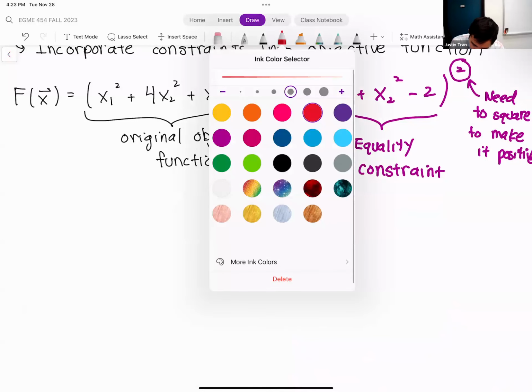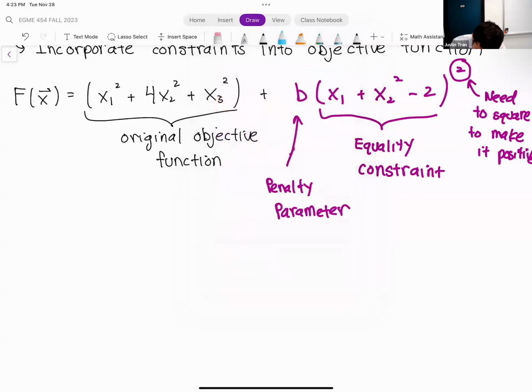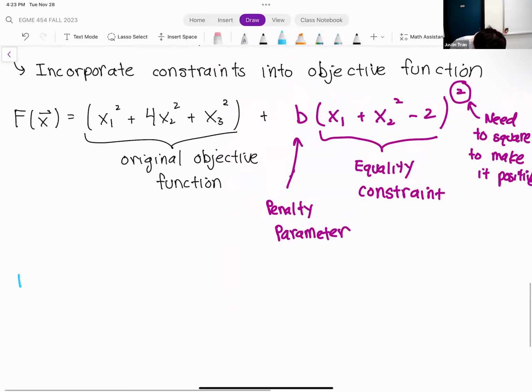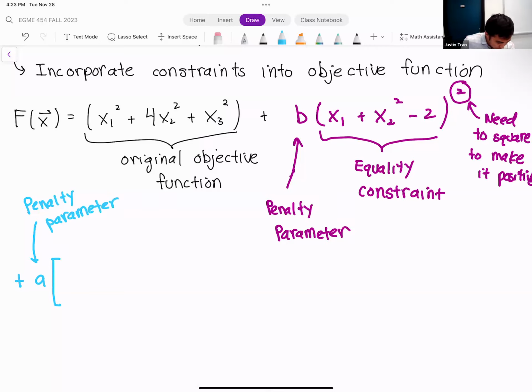Let me use light blue. Once again, I'm going to add a penalty parameter in front. This A right here is another penalty parameter. And then we have all of our inequality constraints.